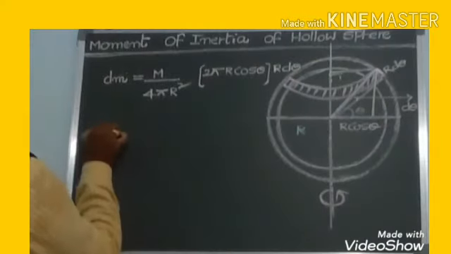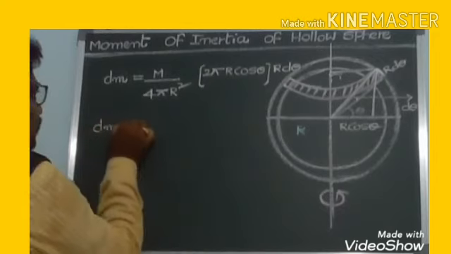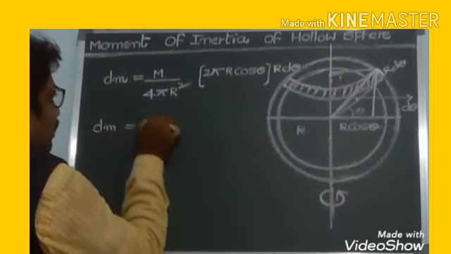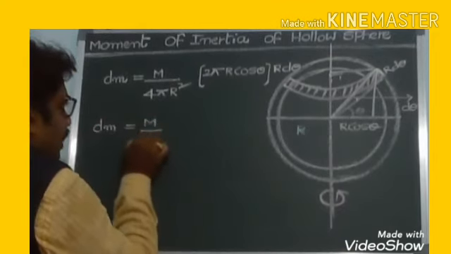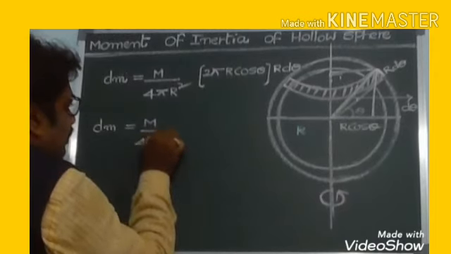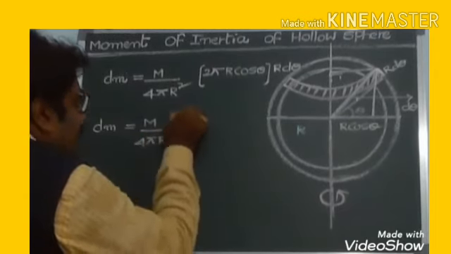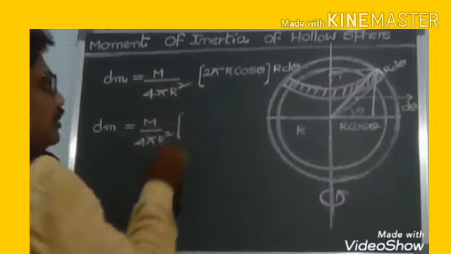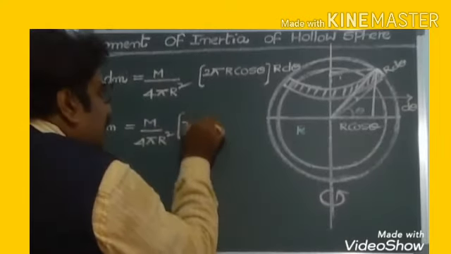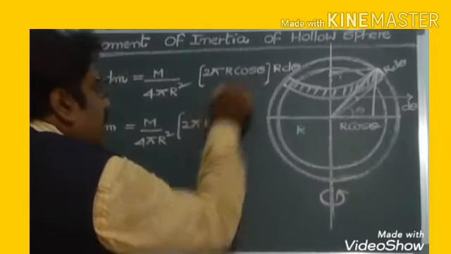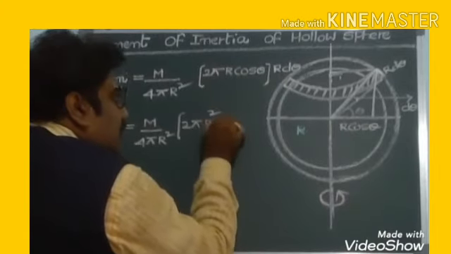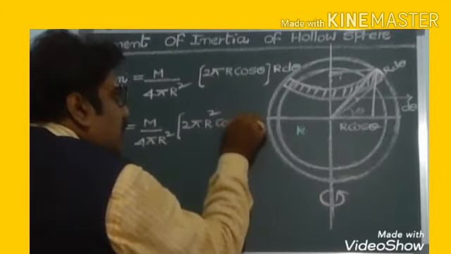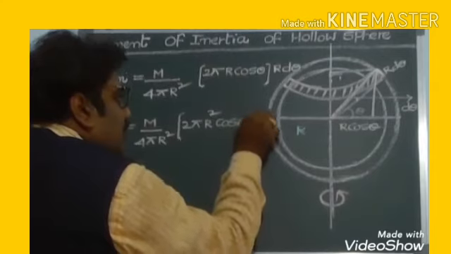Now dm equal to m by 4 pi r square into 2 pi r square cos theta into d theta.